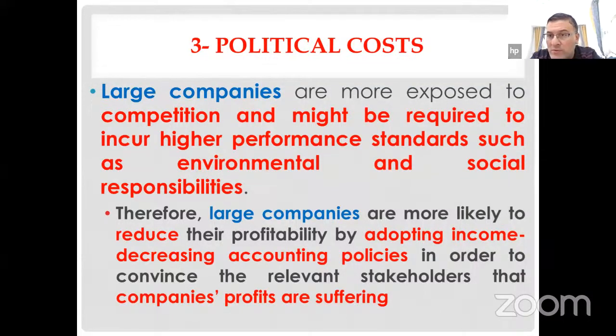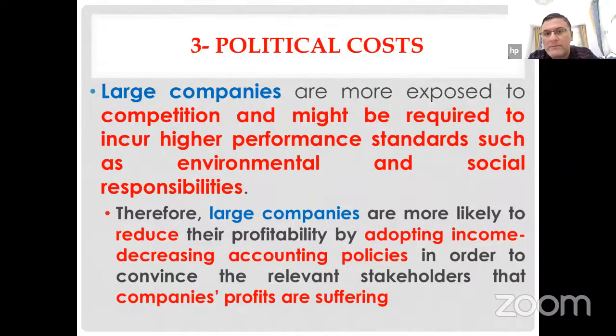How do they do that? Through adopting income-decreasing accounting policies or strategies in order to convince the relevant stakeholders, like government or competitors, that the companies' profits are suffering. This is the kind of thing that happens in markets.